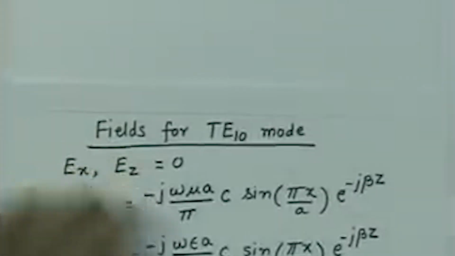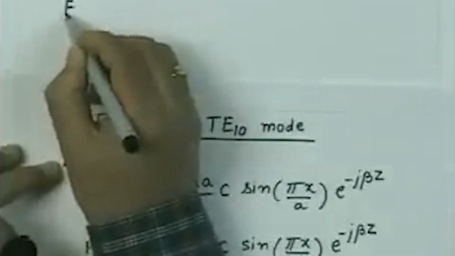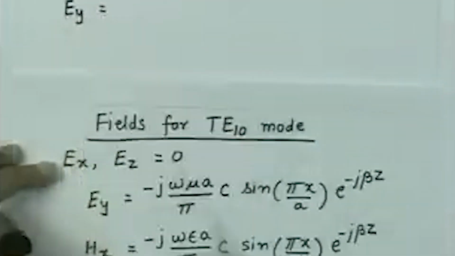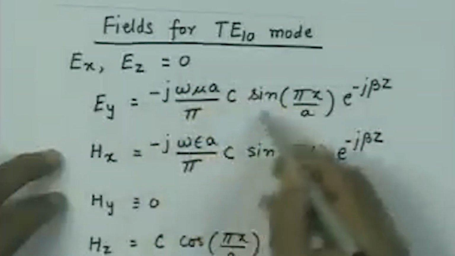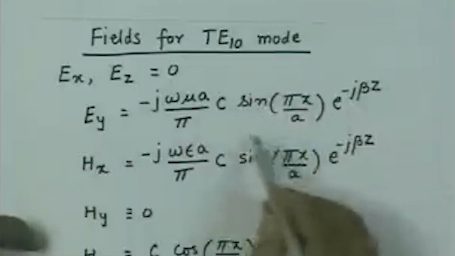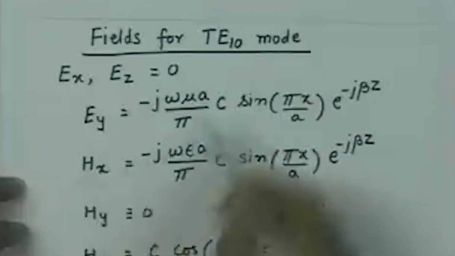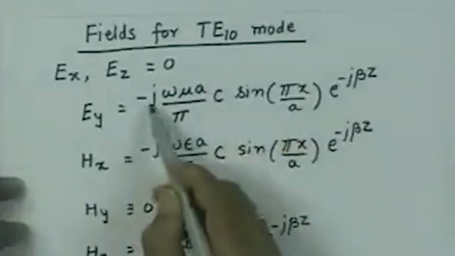So, if I take this field expression and write that, I get this quantity E y, that is equal to, let me put this whole quantity as some constant, at the moment we are only interested in finding the variation of the field in x and y. So, let there be some constant here, except this j we are going to put at this point.